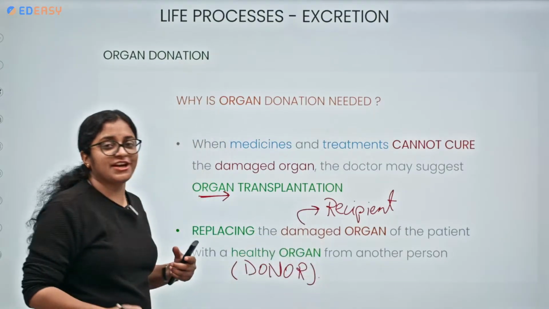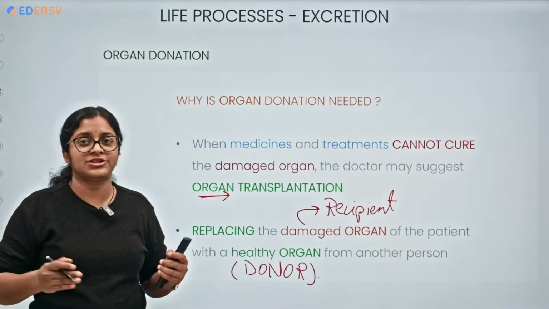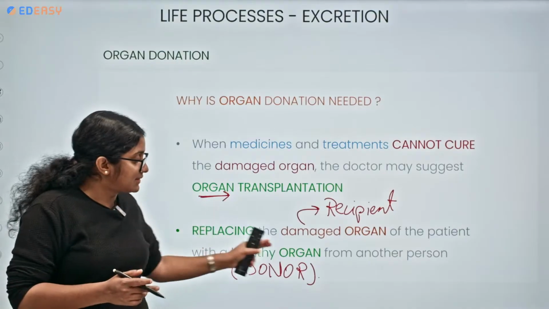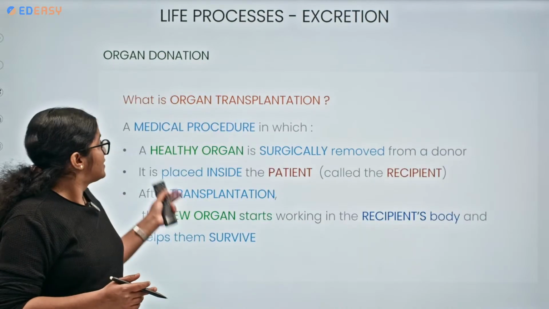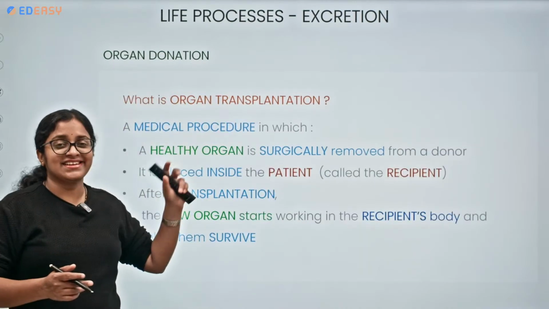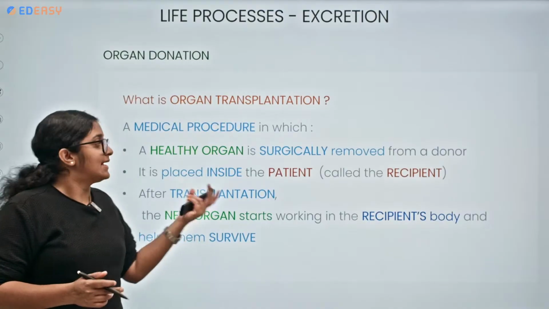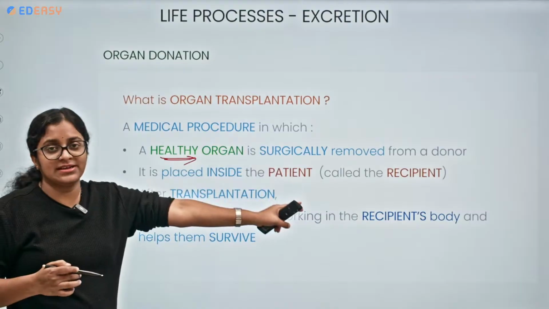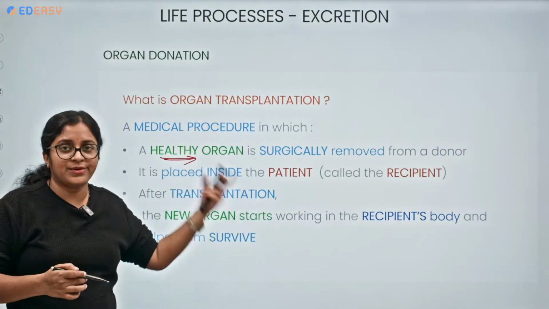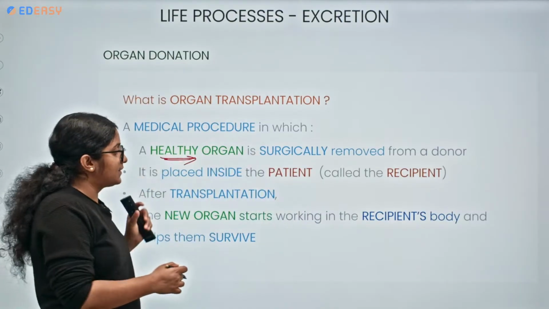So transplantation corresponds to replacing the damaged organ of the patient with a healthy organ from another healthy person. Okay, so what is organ transplantation? It is a medical procedure where a healthy organ is surgically removed from whom? From the donor, and placed inside whom?